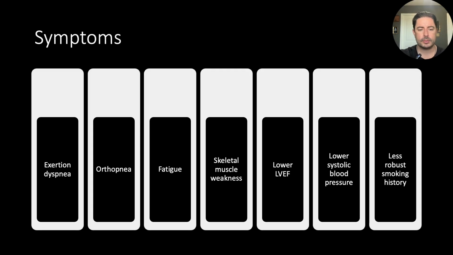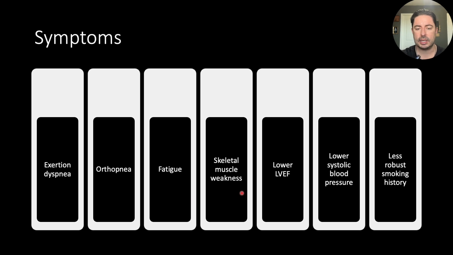So other symptoms, we've already hit some of these. There's some redundancy, but dyspnea on exertion. So I'm short of breath whenever I walk down the driveway to go get my mail. Orthopnea, positional, especially in a recumbent position. Shortness of breath. Fatigue is another big one.